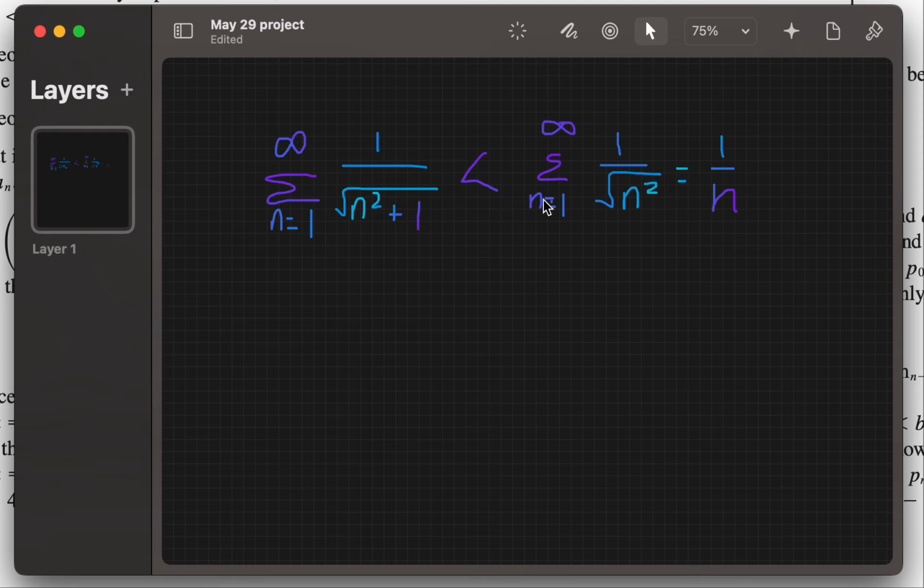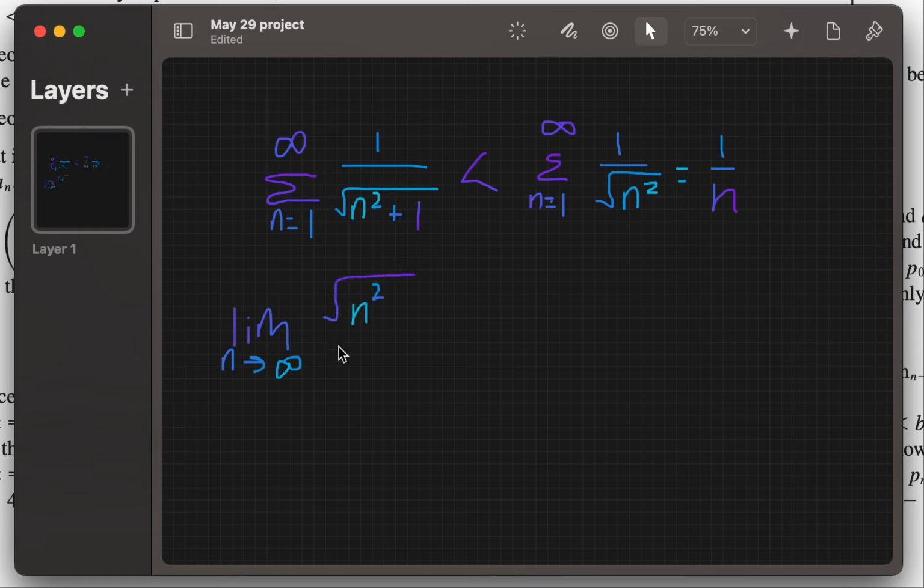We will use the limit comparison test. So now let's say we find the limit as n goes to infinity of 1 over the radical of n squared plus 1, divided by 1 over radical n squared.